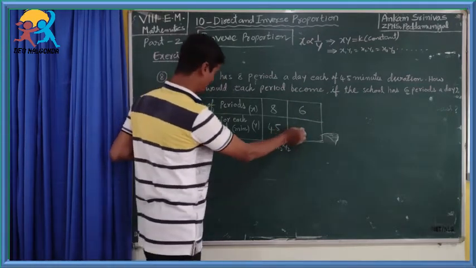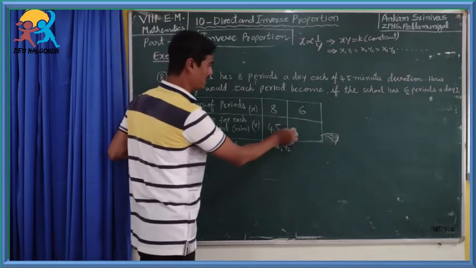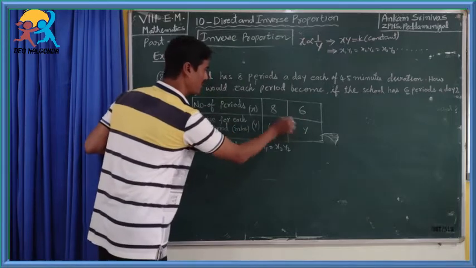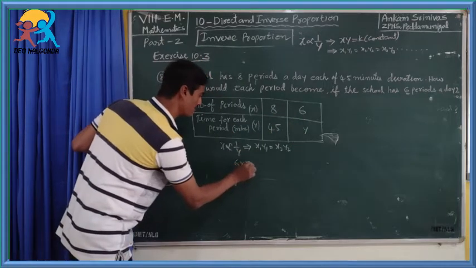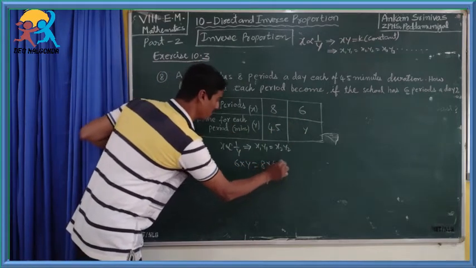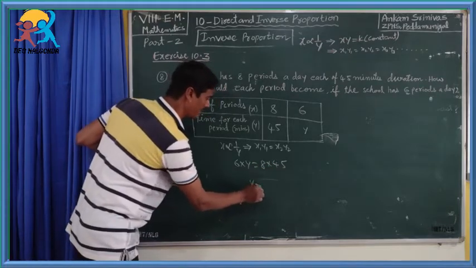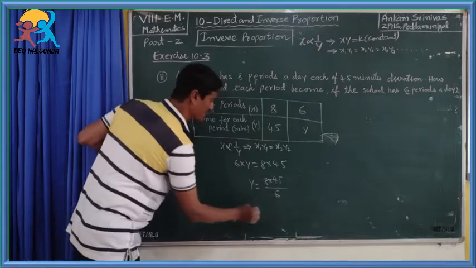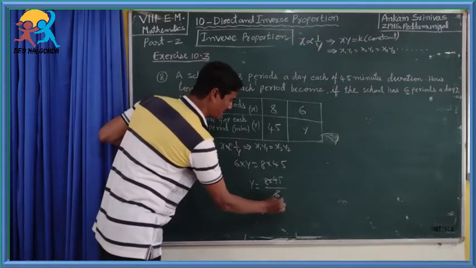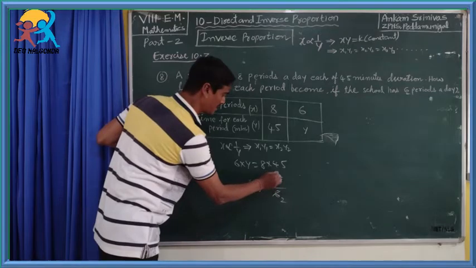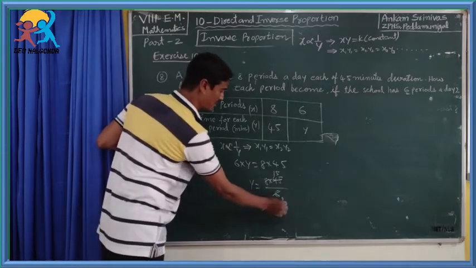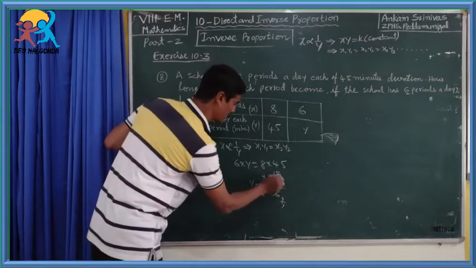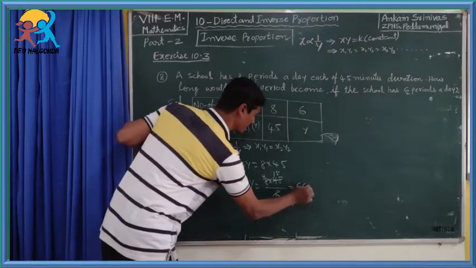Let us suppose the time for each period for 6 periods is y, then the product of these two equals the product of these two. 6 into y equals 8 into 45, then y equals 8 into 45 by 6. 3 2s are 6, 3 1s are 3, 3 5s are 15, 2 1s are 2, 2 4s are 8. So 15 4s are 60.